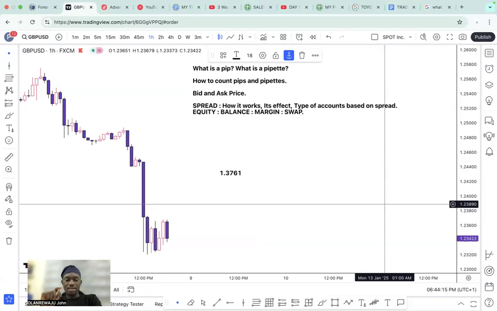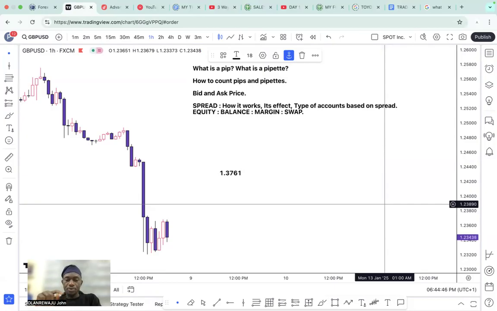Remember what I said, that last number, the fifth decimal place, when you check it on MT4 itself, is raised. Here they wrote it as a whole number, because in the real sense that last number is a pipette. So when we want to count the change in price of any asset in pips, it always starts from the fourth decimal place. That is what a pip is.